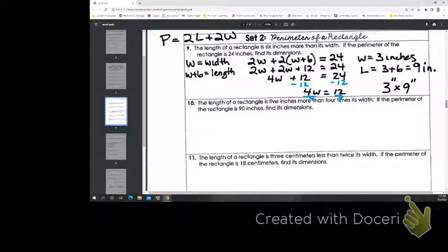So for 10, more of the same. W is going to be my width. And then our length, 5 inches more than 4 times the width. So I could say 5 plus 4W or 4W plus 5.